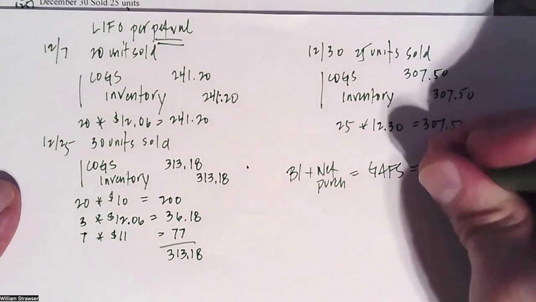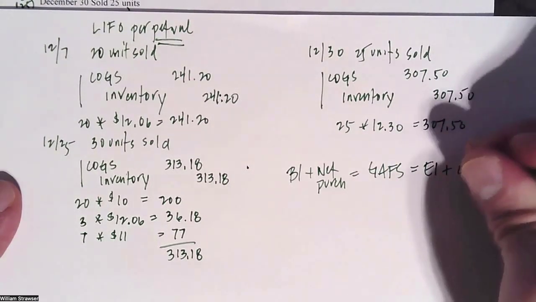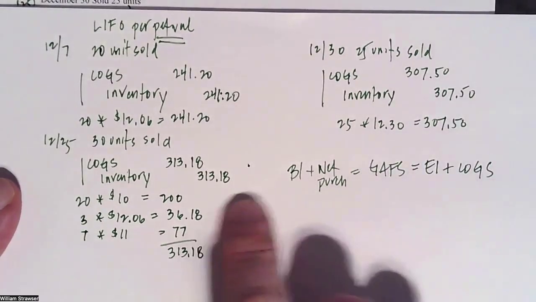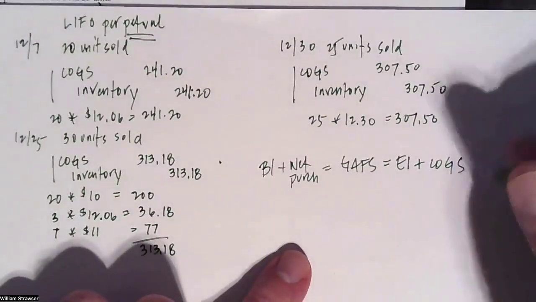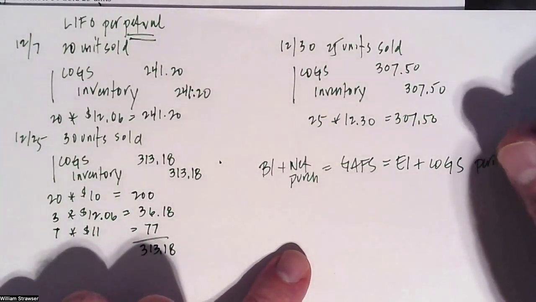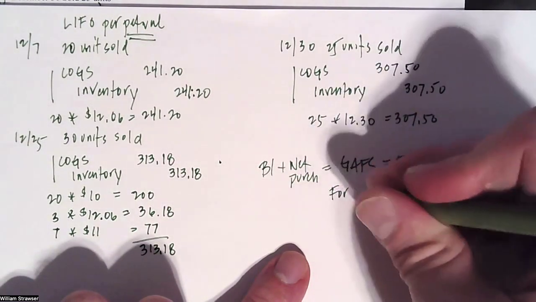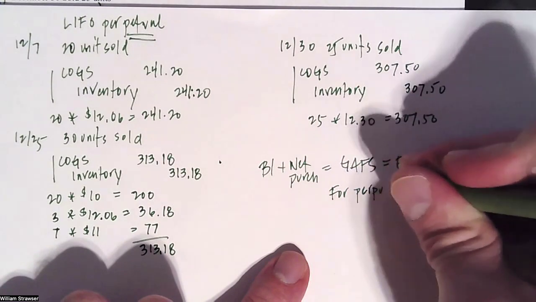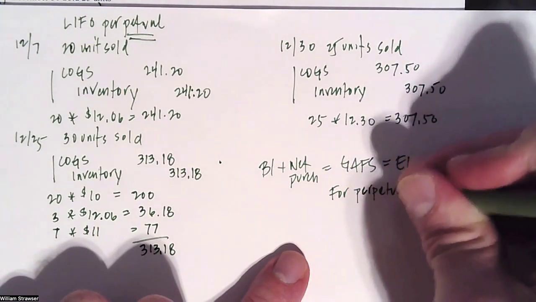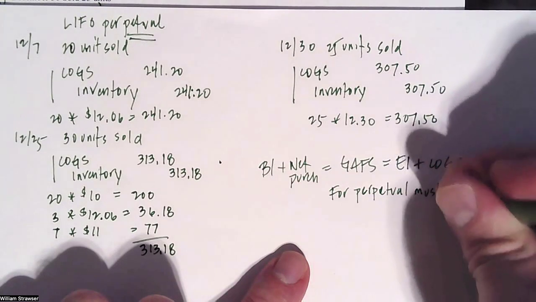And GAFS really turns into ending inventory and cost of goods sold, right? So this is 100% true for my periodic. For perpetual, must include shrinkage.